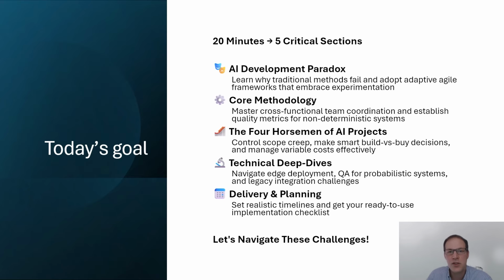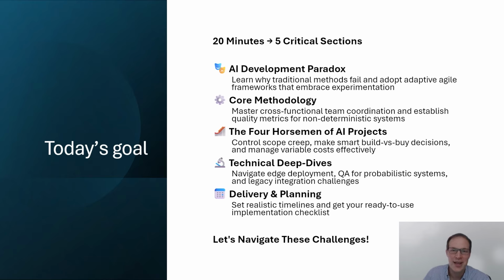Okay, here's what we're going to cover in the next 20 minutes. Five sections, each tackling a different challenge you'll face when building AI agents. The first one is the AI development paradox: why traditional methods fail with non-deterministic systems, and how to adapt agile methodologies when you cannot predict what's possible. The second section is the core development reality. How do you actually get engineers, data scientists, and designers to work together? How do you measure quality when correct is not binary, not a yes or no answer?